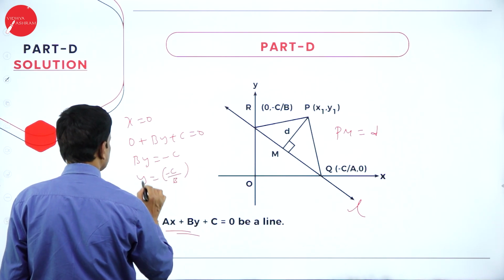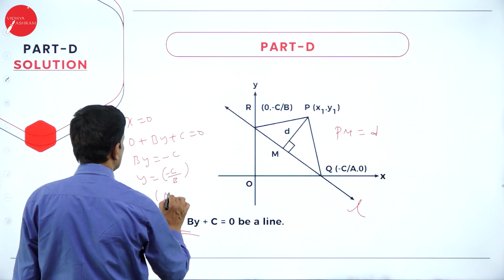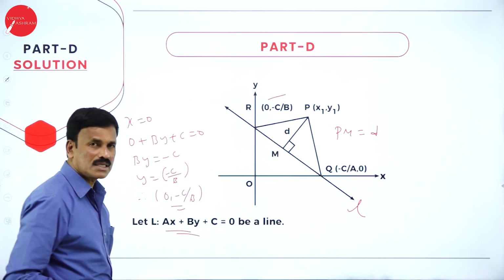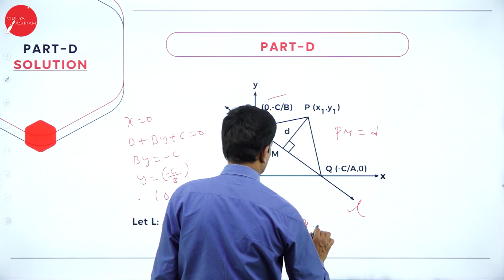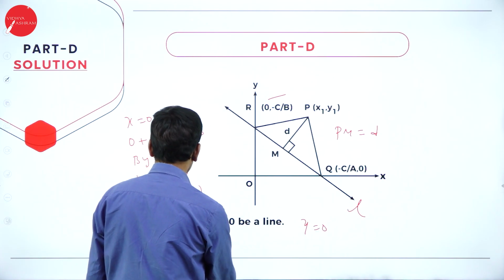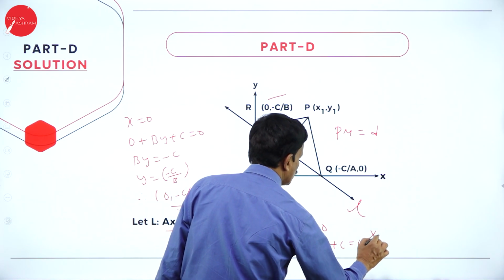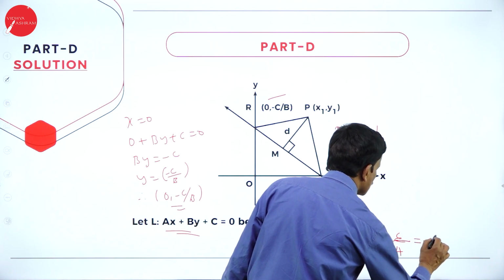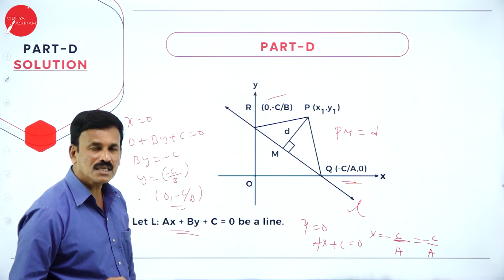So the coordinates on the y-axis are 0, minus c by b. Similarly, if you put y equal to 0 on the line, ax plus c is equal to 0, x is equal to minus c by a. So the coordinates of Q are minus c by a, 0.